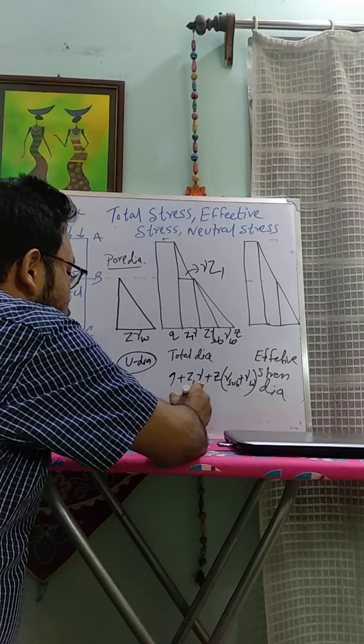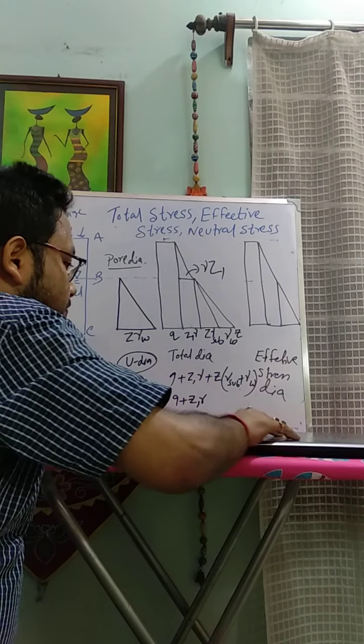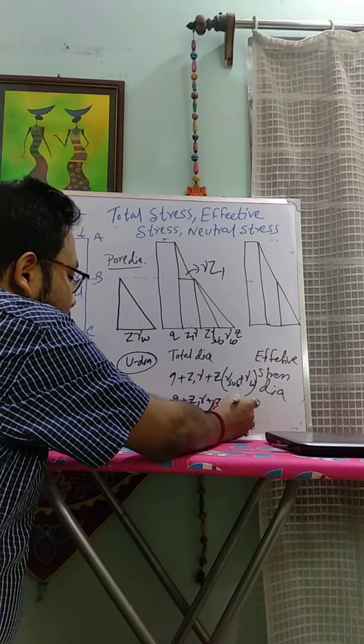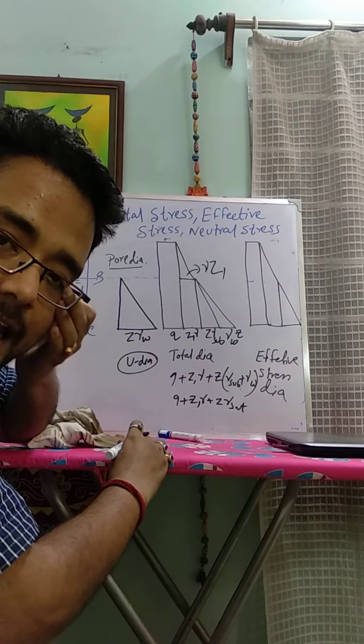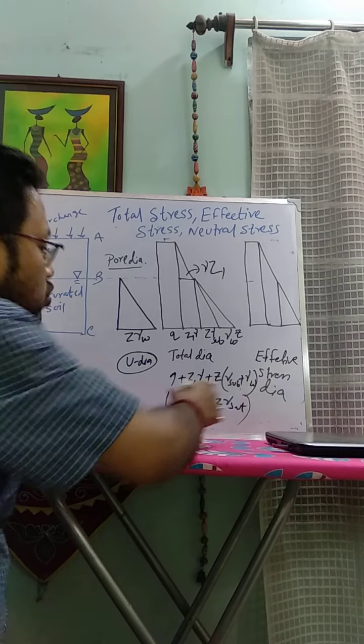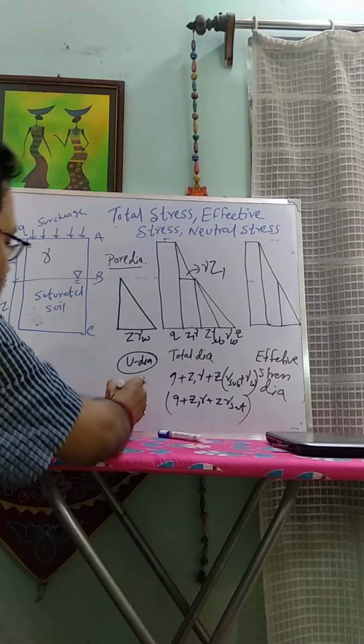Then we can write Q plus Z gamma sat. Clear? This represents the total stress up to the CC plane.